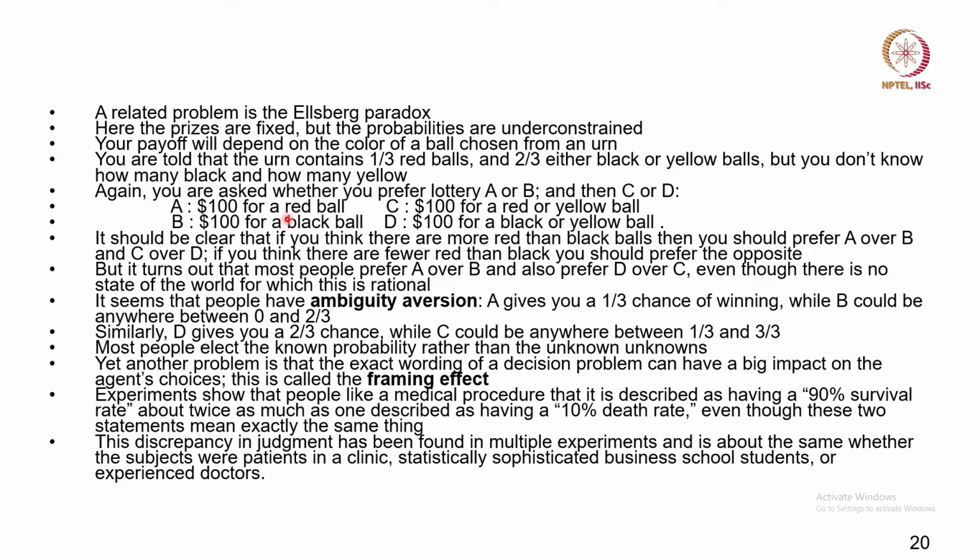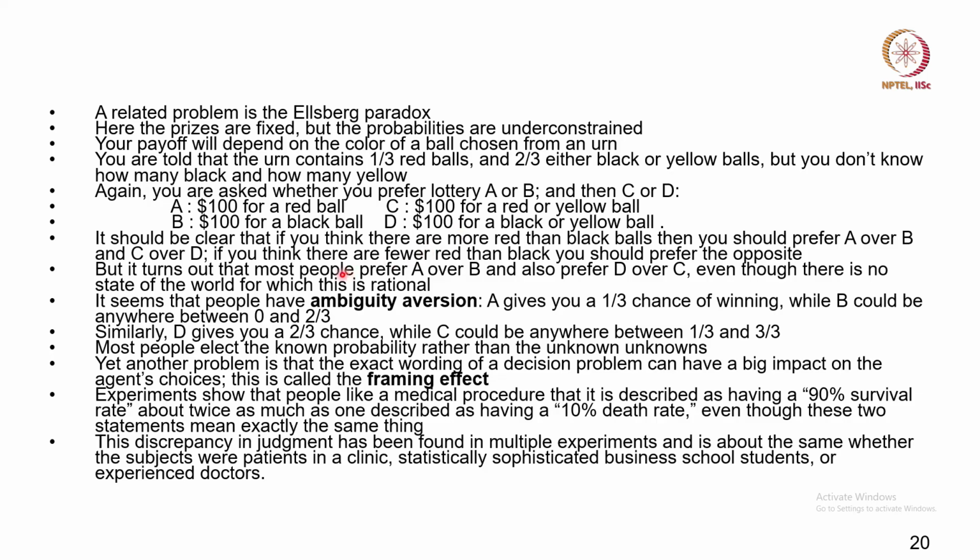Similarly, you have another example where you get $100 for a red ball, $100 for a black ball, $100 for a red or yellow ball, and $100 for a black or yellow ball. The urn contains 1/3 red balls and 2/3 either black or yellow balls.